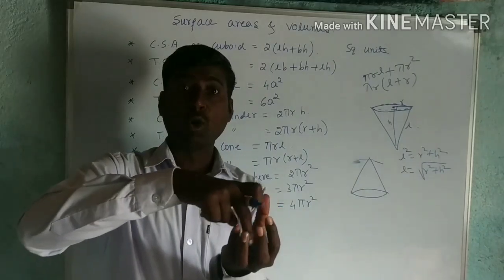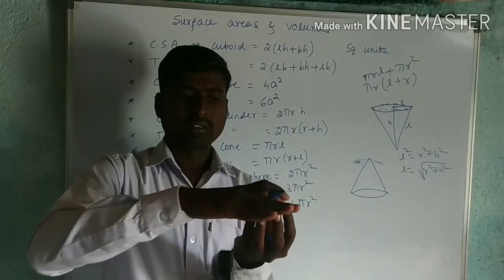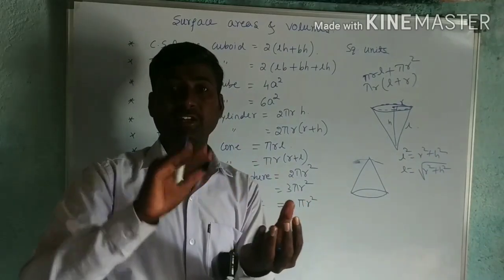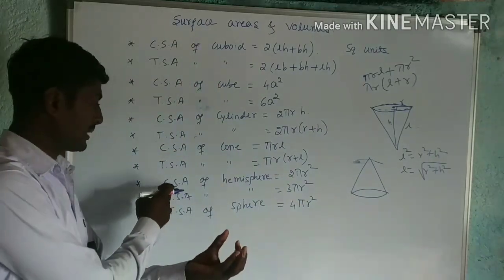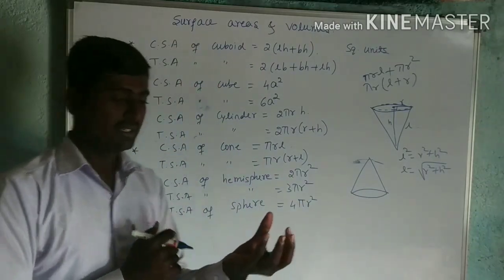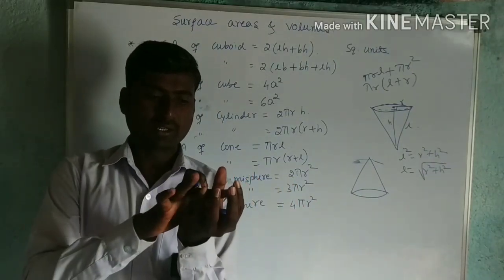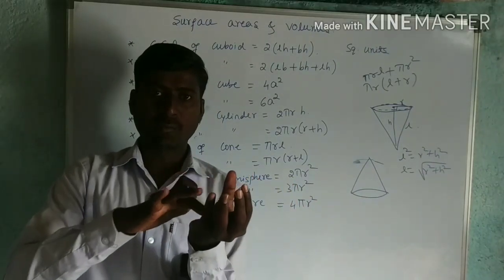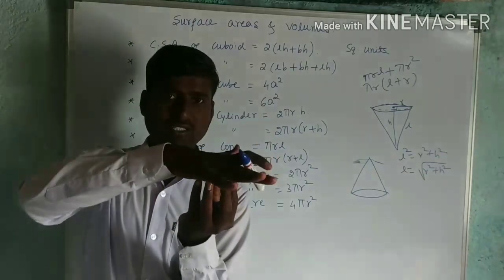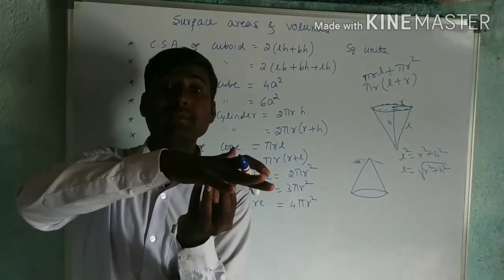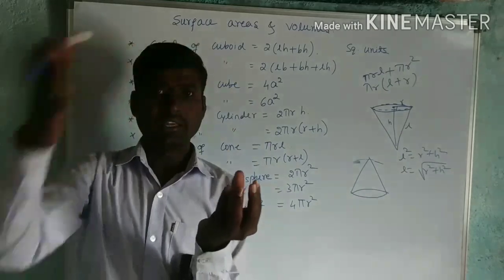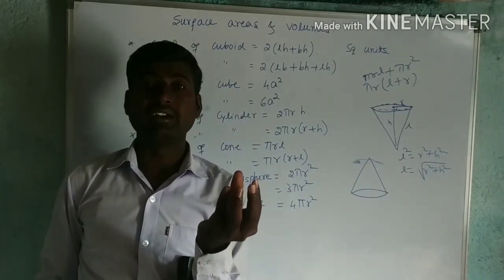Inside it is open, so this base is not closed. Then that will become the CSA of the hemisphere. If you cut the ball, it will be in this direction, and inside everything is open. If you close this, it will become the TSA of the hemisphere. If you remove this, it is the CSA of the hemisphere.